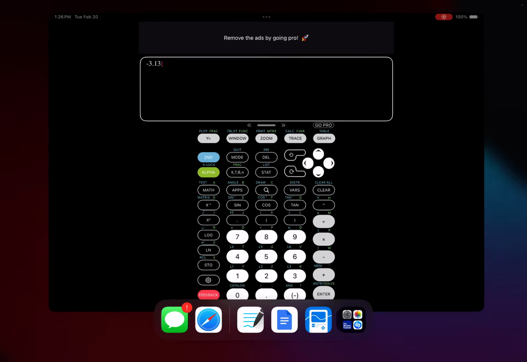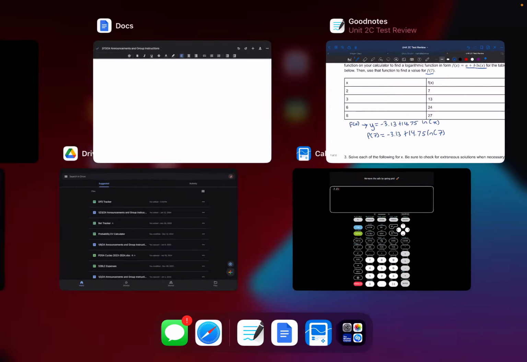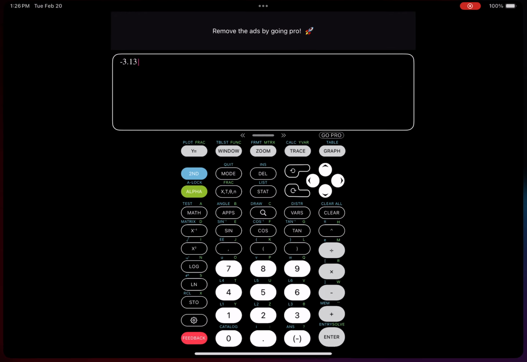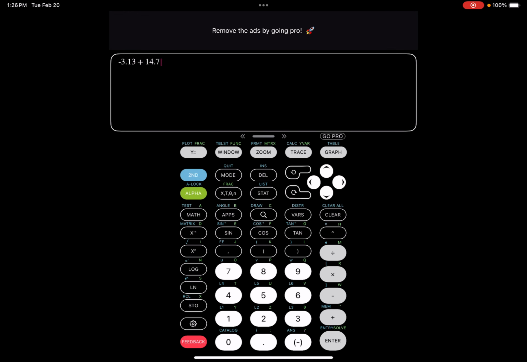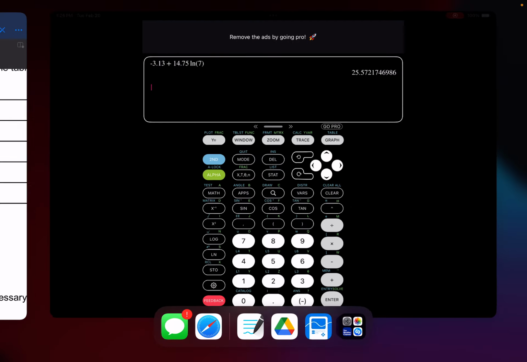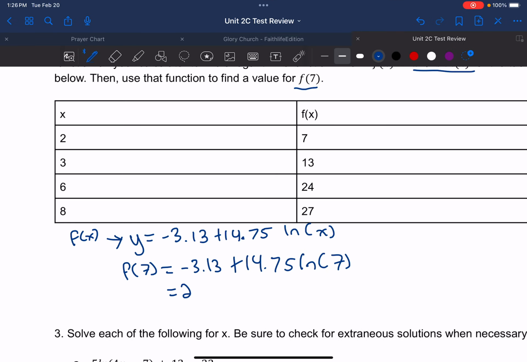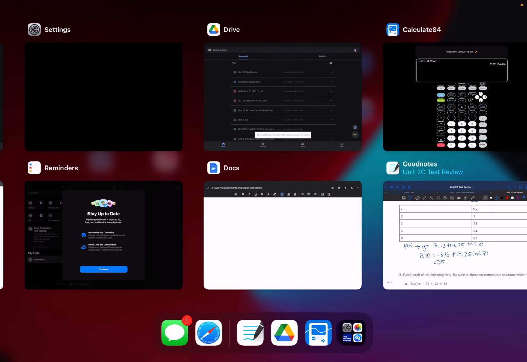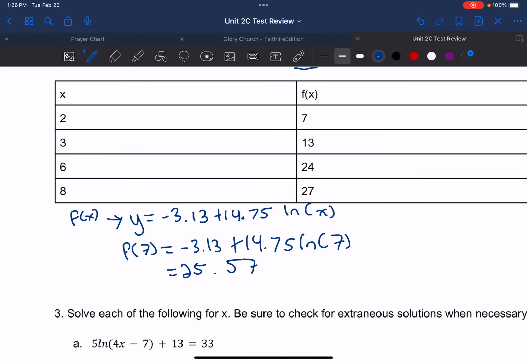So negative 3.13 plus 14.75 ln, which is right beside 4. So right between 7 and 4 on the left, ln of 7, which is approximately 25.57. I know it doesn't say exactly what to round to here, but this would be a multiple choice question, so you would just round to whatever the multiple choice would have you do.